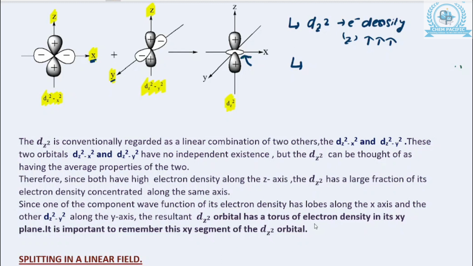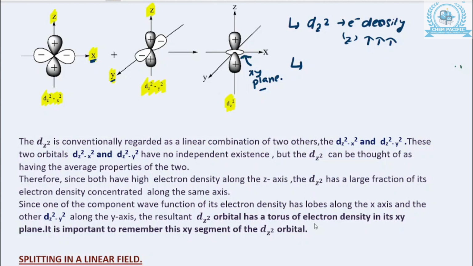That is why you can say that the resultant जो formation dz square का हो रहा है, this has a torus of electron density in the xy plane. ठीक है, and this xy segment is very important. You cannot completely ignore this torus of electron density which is in the xy plane.